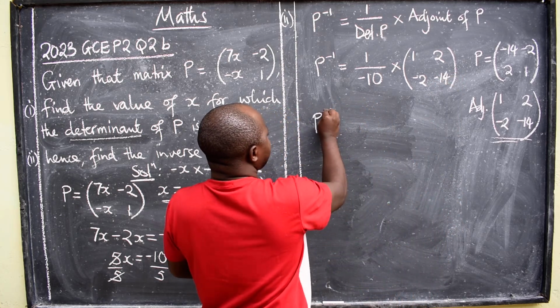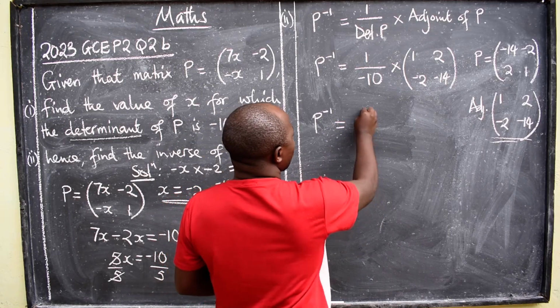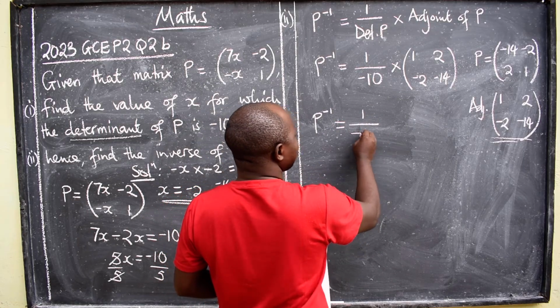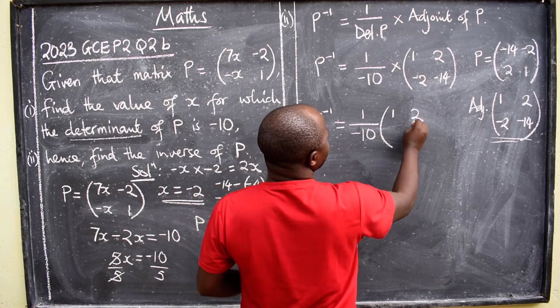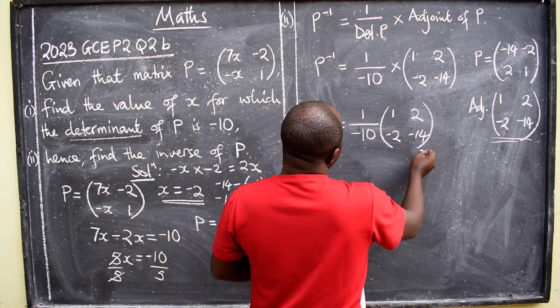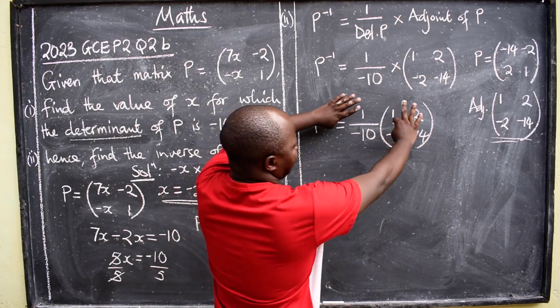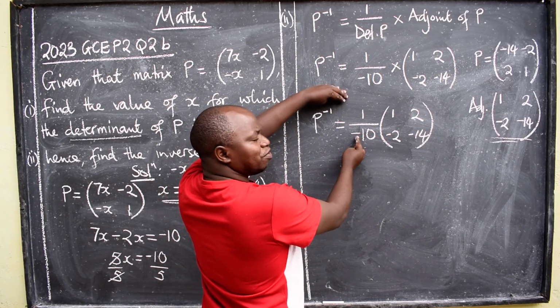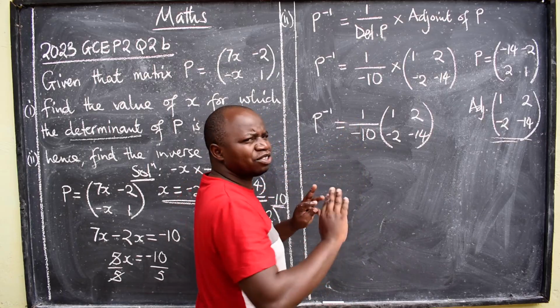Then you can say inverse of P will be equal to 1 over -10. You write 1, 2, -2, -14. There is no problem, you can leave it there. This negative also, someone asked to say, why can't it be here? There is no problem.